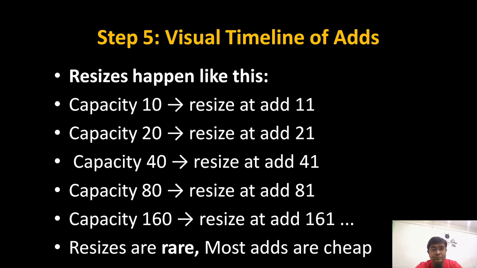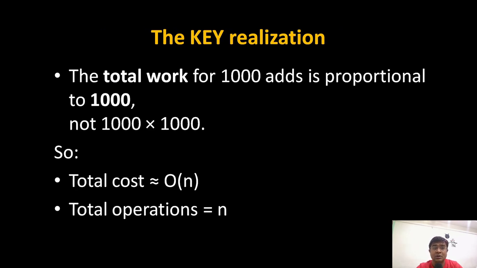The resizes are rare, and most of the operations are plain adds. The key realization is that the total work for 1,000 adds is proportional to 1,000, not 1,000 times 1,000. So the total cost is O(n) for n operations.